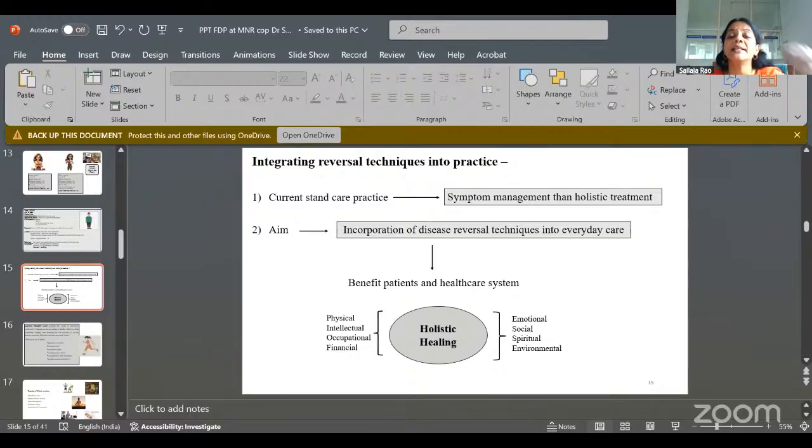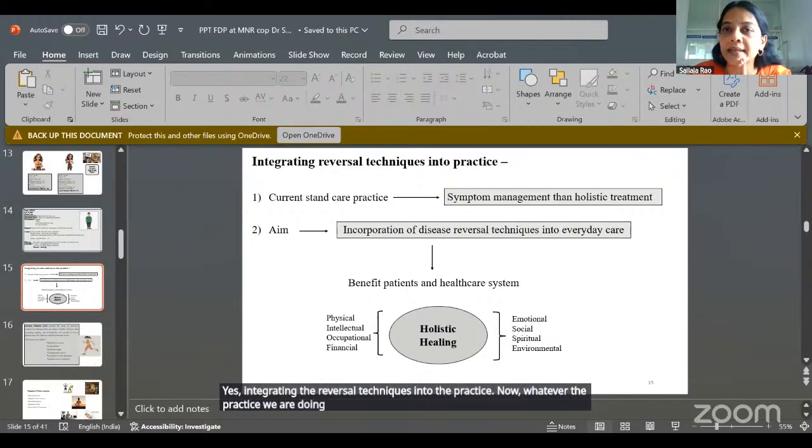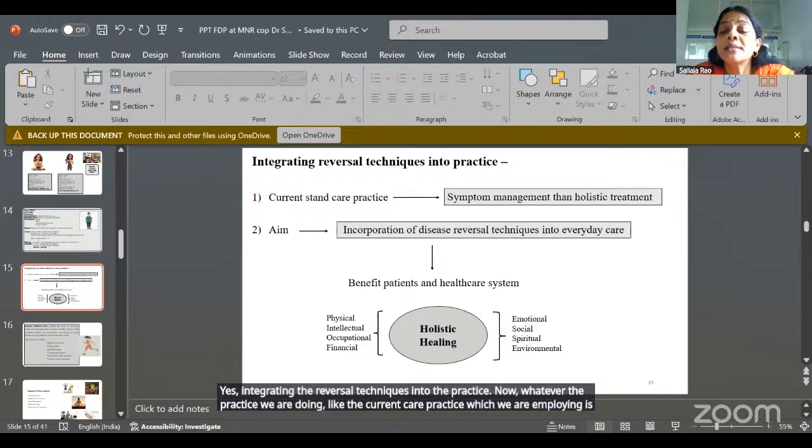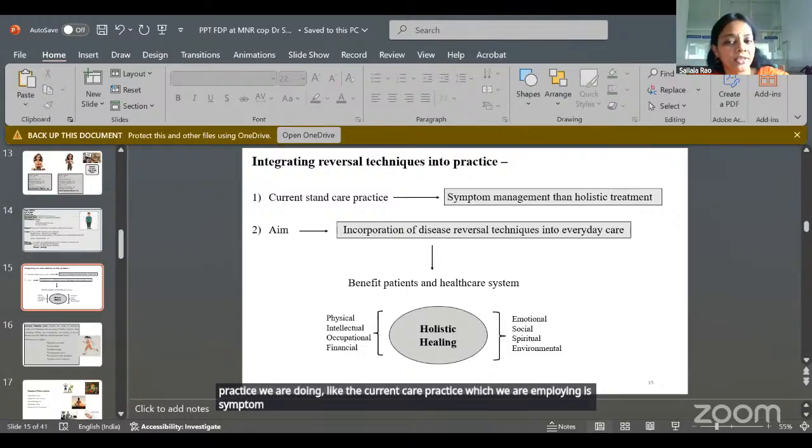Yes, integrating the reversal techniques into the practice. Whatever practice we are doing, like the current standard care practice which we are employing, is symptom management rather than holistic treatment. Holistic treatment in the sense that it includes even palliative care.